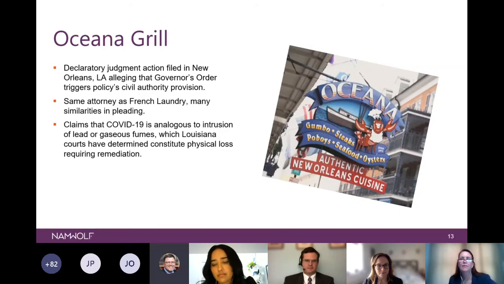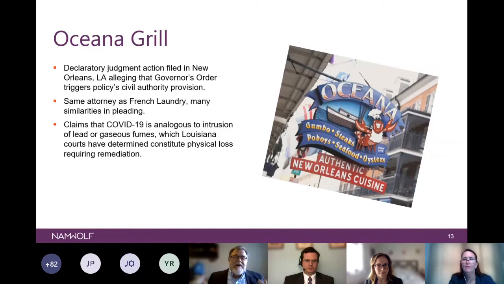Exactly. This is an example of a case where it's very likely that the selection of the particular forum, and the analysis of how a particular forum conducts insurance policy interpretation, likely played a role.